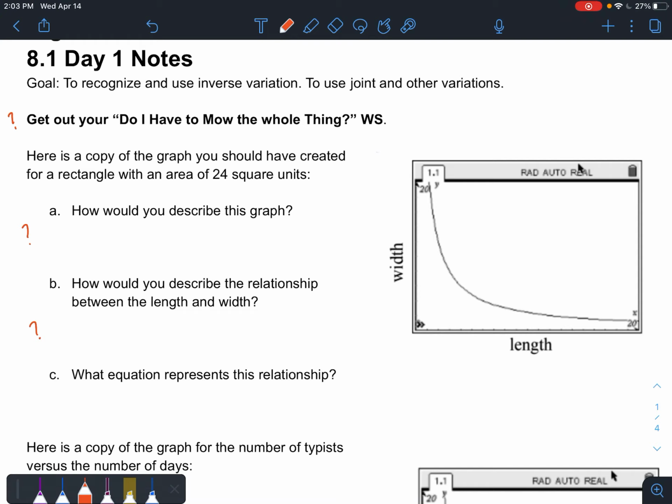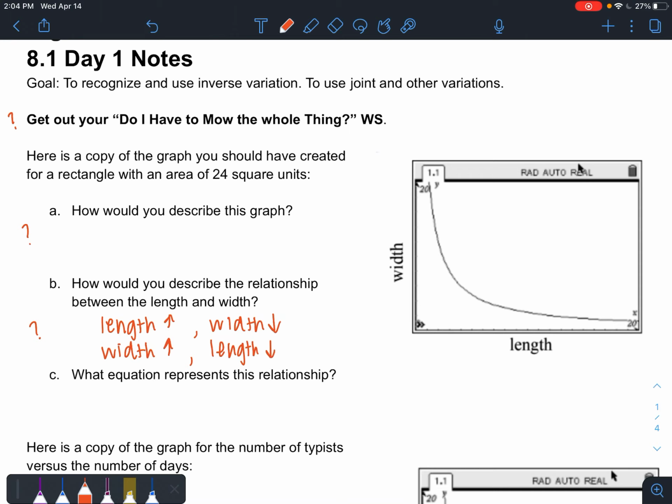For the relationship between the length and the width, as the length increases, the width decreases, and if the width increases, then the length decreases.